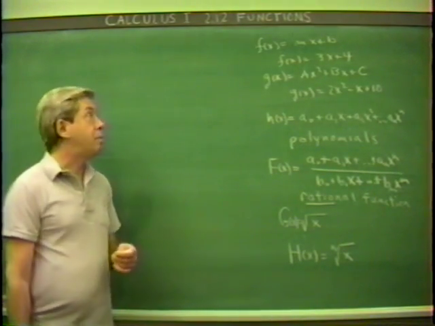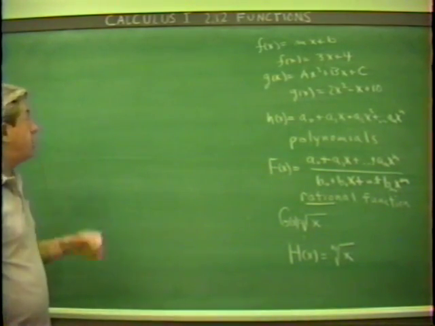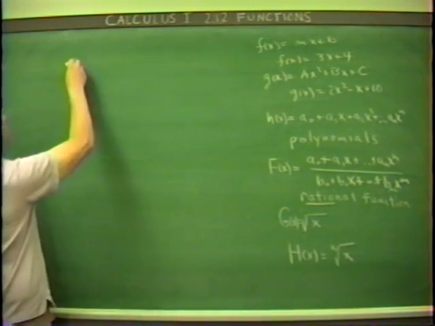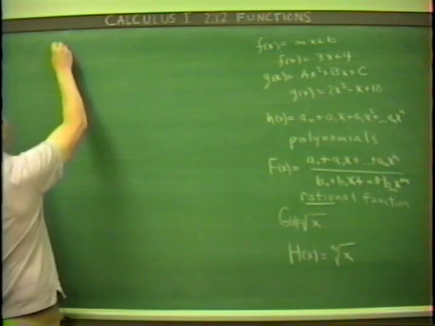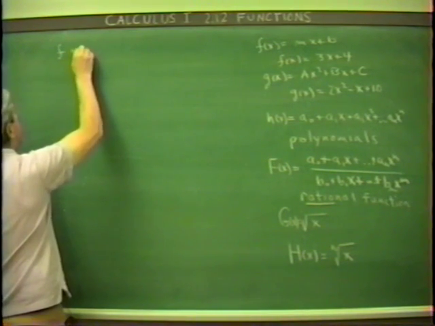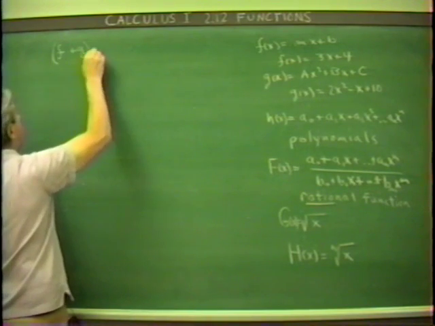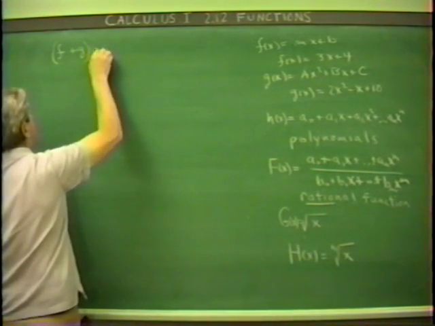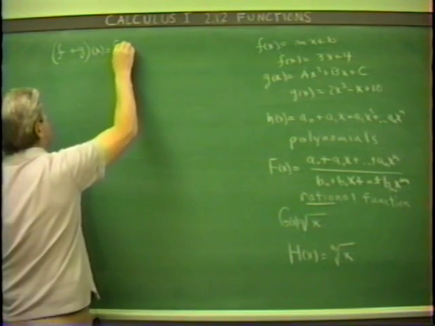Okay, we want to look at some possible combinations of functions, and these are given as follows. The first are very natural. If we've got two functions, f and g, we can then look at the function f plus g of x. And this is going to be defined at a point x by f of x plus g of x.